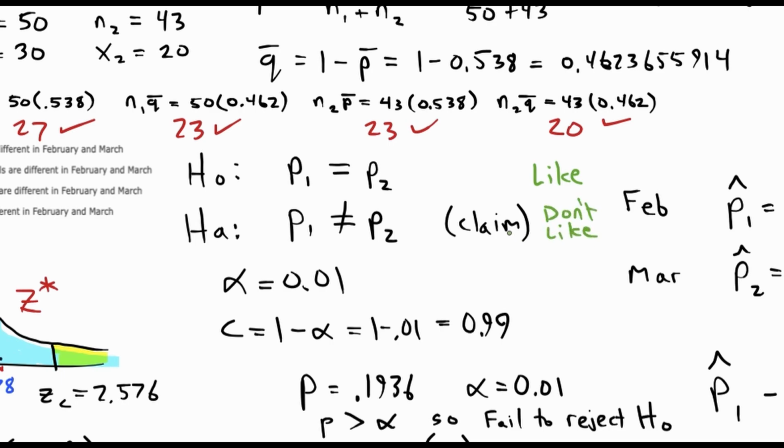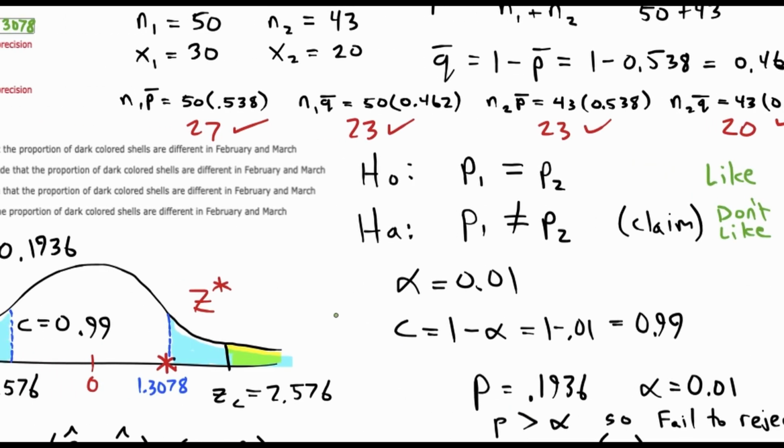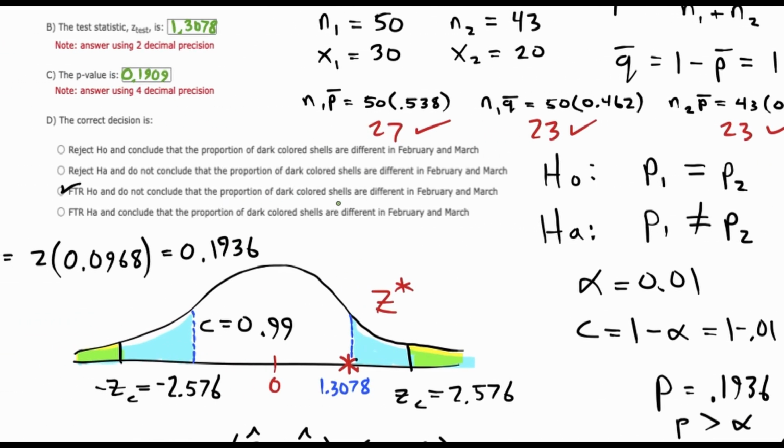So even though the person claimed that there would be a significant statistical difference between these clam color bands, we showed that it wasn't enough of a difference to rise to the 0.01 significance level. It didn't even rise to the 0.05 significance level. So we would say that there is not a statistical difference between February and March.